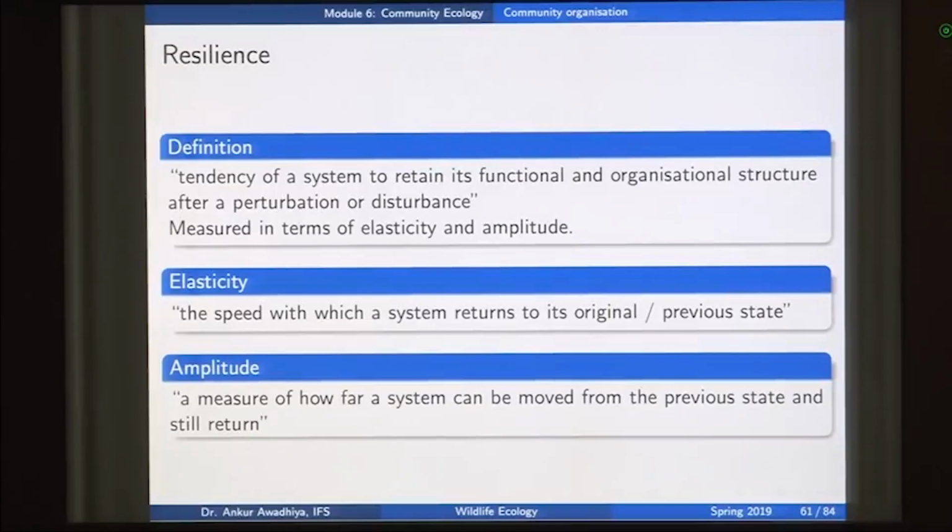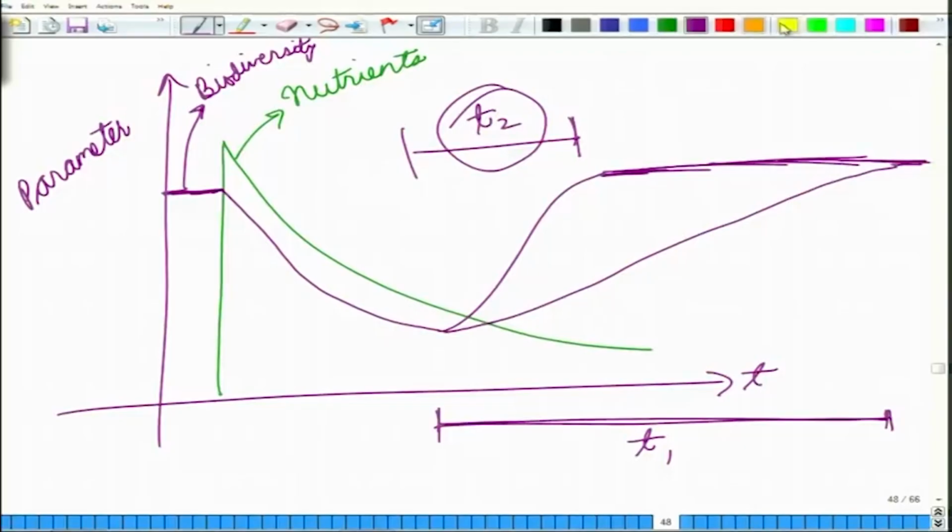In the case of amplitude, we are saying that in place of giving this much of a nutrient spike, suppose we give it this much, a very great nutrient spike. In that case, it is possible that the biodiversity reduces and the system is never able to come back.